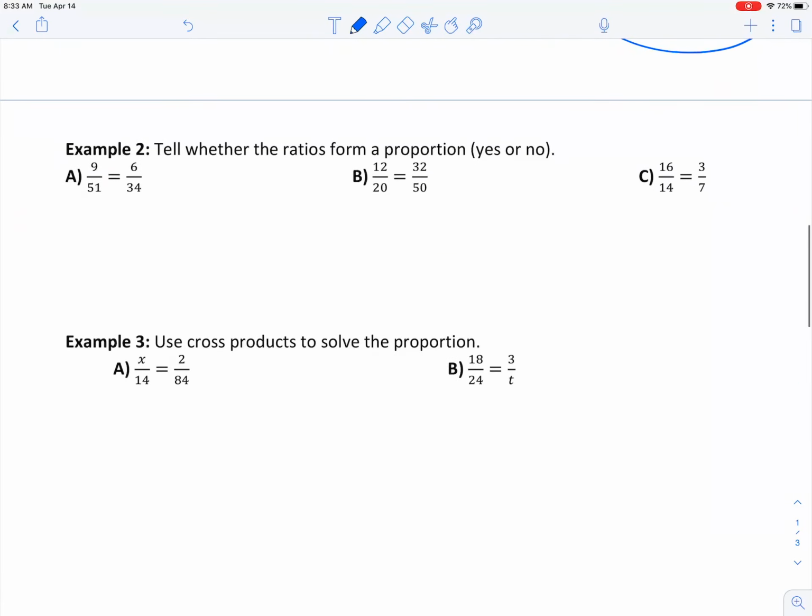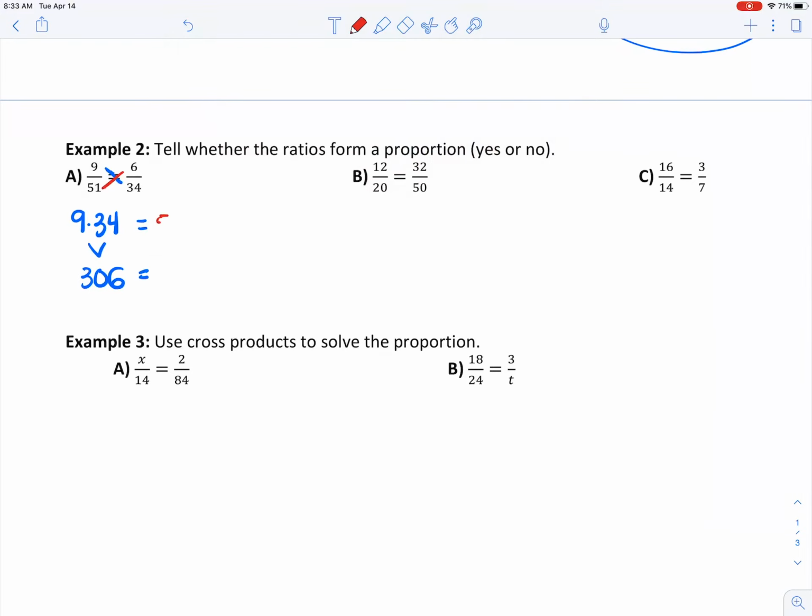So if, in example 2, let's try to figure out if these two ratios are actually equal, if they are a proportion. So what we need in order for this to be a proportion is we need 9 times 34, and I would just go ahead and use a calculator here. 9 times 34, and I'm going to write this product down below. 9 times 34 is 306.